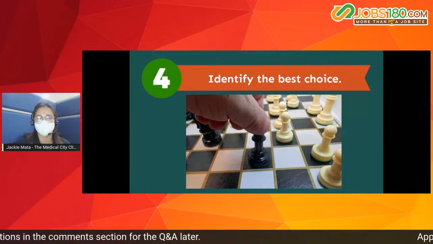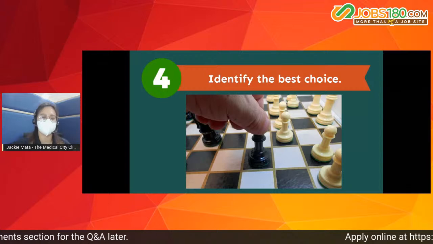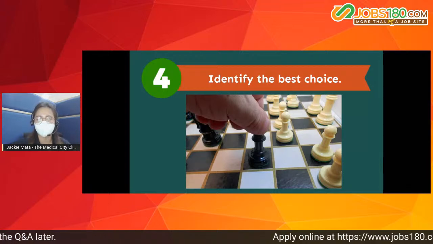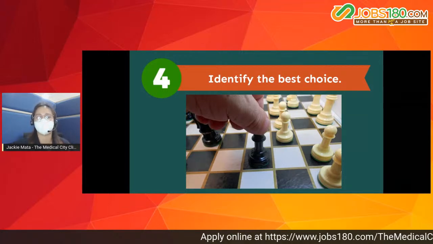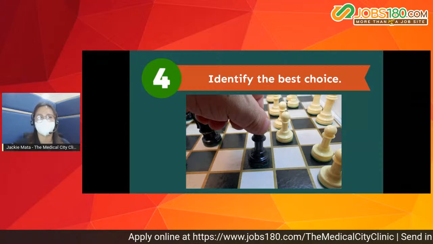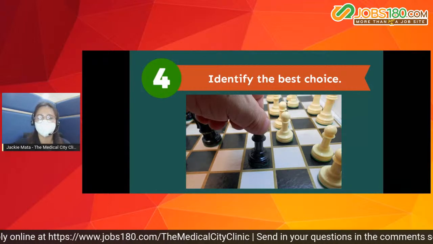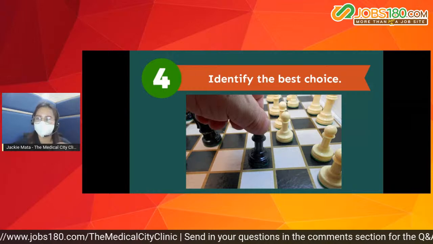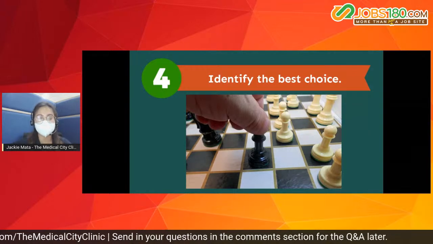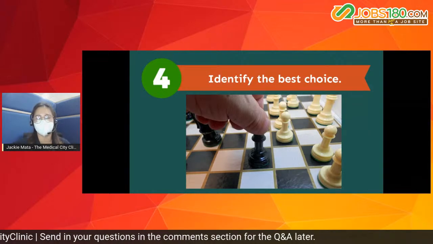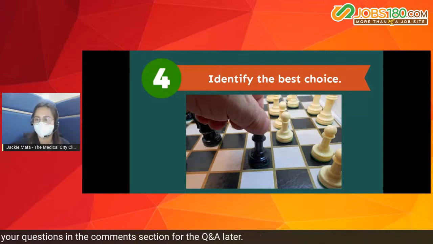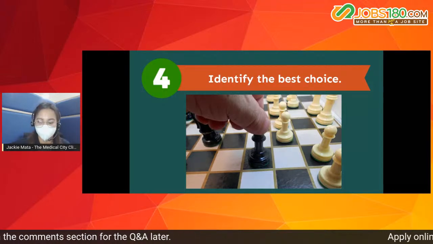But at the end of the day, you just have to pick the best choice with that understanding that even if things won't work the way that you want them and you expect them to be, you have to be accountable enough in embracing everything that goes with the choice that you have made and you have chosen.